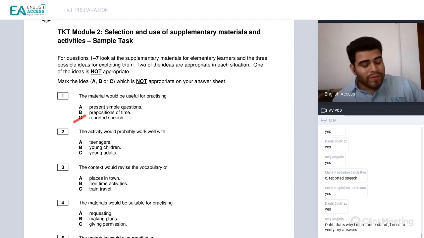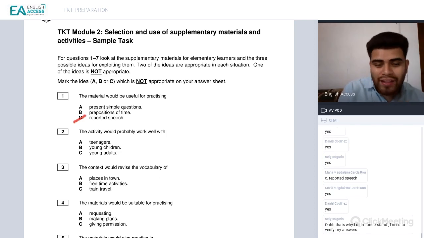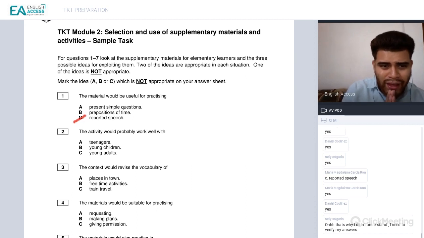Oh, yes, you have to be really careful, Nelly. You know, we have had problems with students because they didn't see the instructions where it says choose the one that is not appropriate. And that becomes a problem. I think even for myself, I had a problem with that.